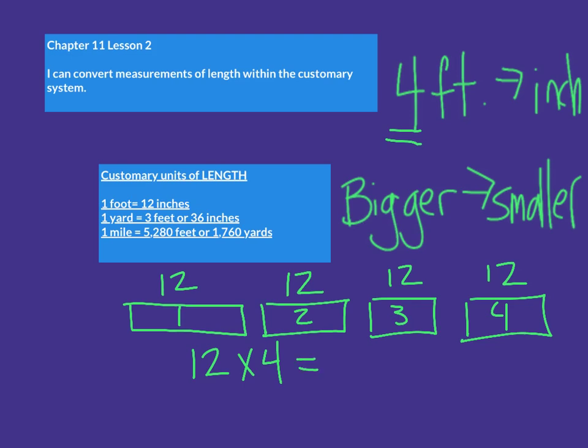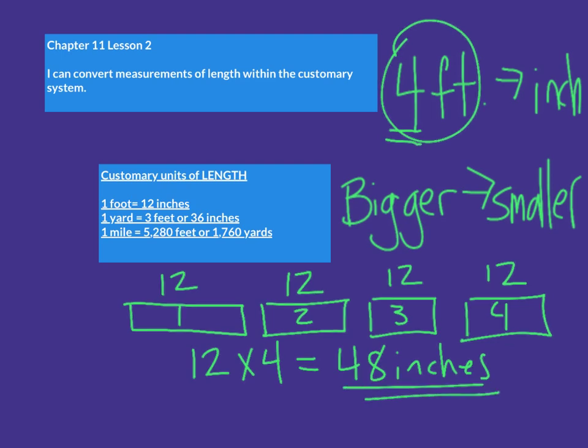So 12 times 4 is 48. So when I look at each one of these feet, there's 12 inches in them. I can multiply 12 times 4 and I get 48 inches. So 4 feet equals 48 inches.